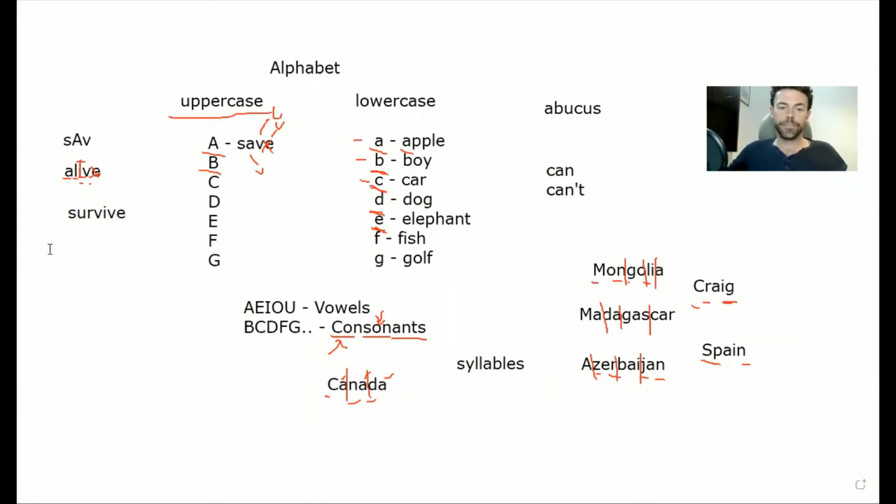Survive. Cube. But now remember, only the E is silent. So where in Spanish they say Cuba, in English we say Cuba, because vowel, consonant, vowel, this becomes the capital letter.